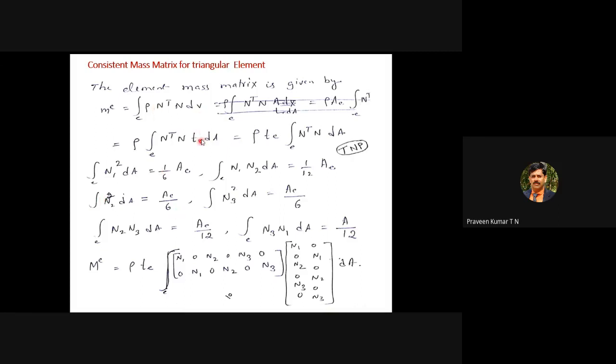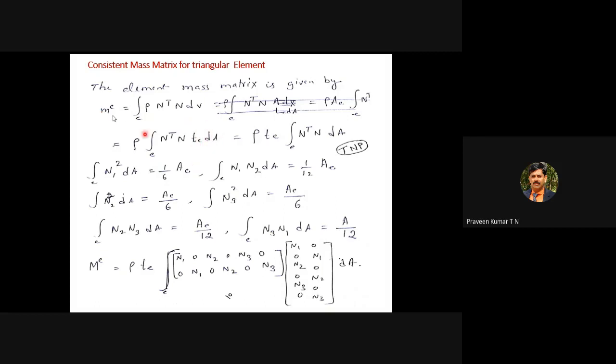In the case of a bar or circular rod, the volume is given by area of cross section into dx. But for a triangular plate, the volume is given by thickness into the area of the triangular plate. You are considering a very small triangular plate having area dA and thickness TE, and hence dV is given by TE into dA.